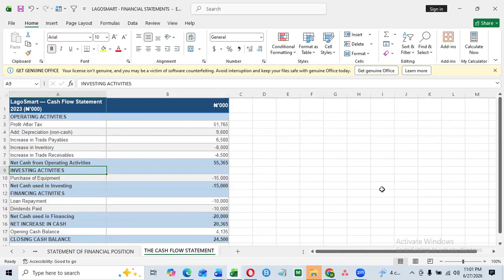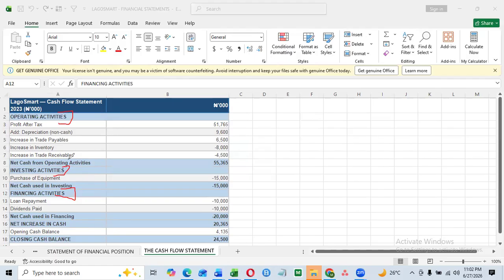The cash flow statement also shows cash movement across financing activities. So for financing activities, these are activities that involve cash from borrowings, repaying loans, or paying dividends.